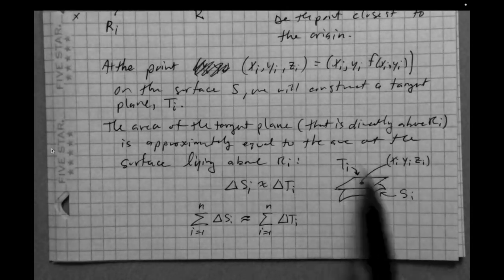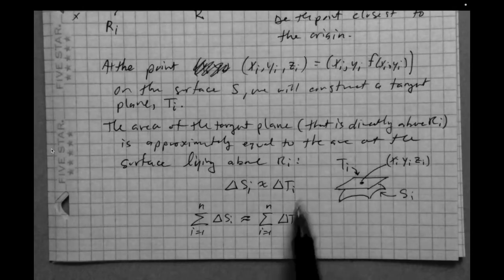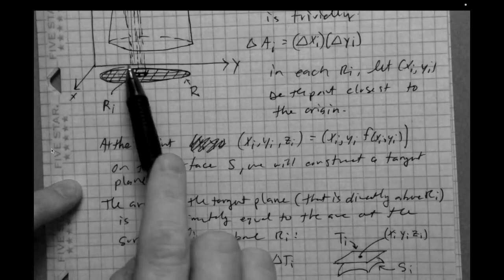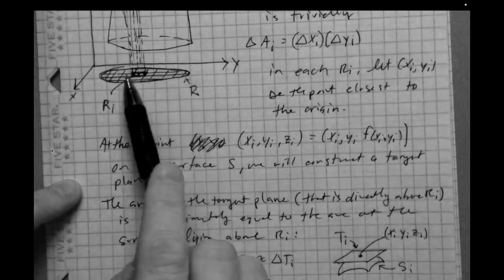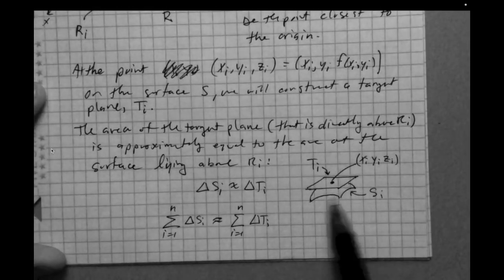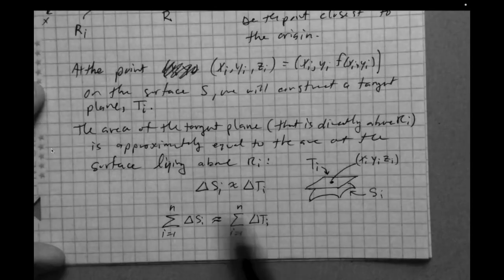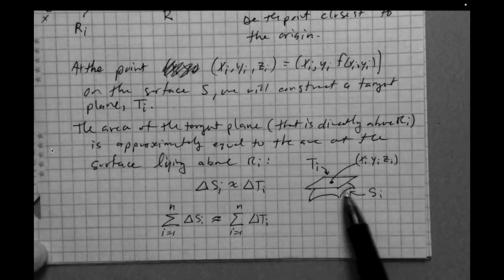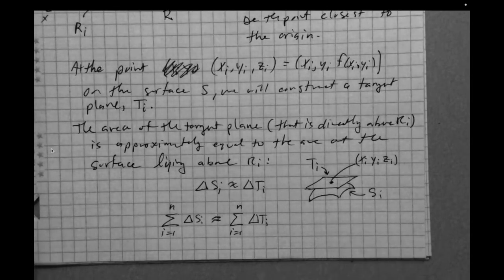The area of all the little tangent planes all over the surface, which you would get by repeating this process for every rectangle in the region, each one is approximately equal to the Si that corresponds to it, and so the sums would be approximate as well. So this is going to create our approximation, because it's very easy to identify the area of a flat plane like Ti, but it's not easy to identify the area of a curved surface Si.